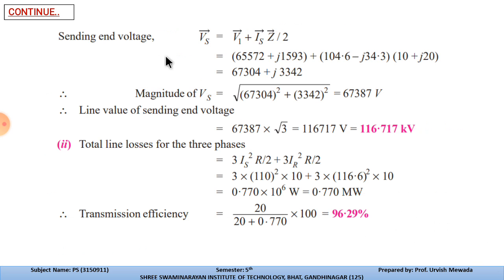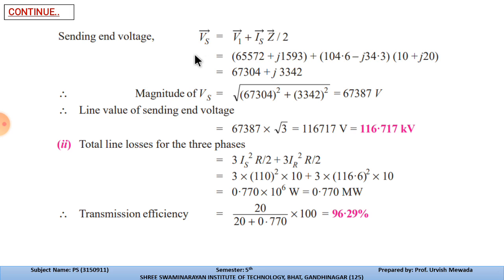Now the sending end voltage Vs is the combination of V1 plus Is into Z by 2. We have the values of V1 and Is into Z by 2, so Vs is equal to 67,304 plus J 3342 volt.